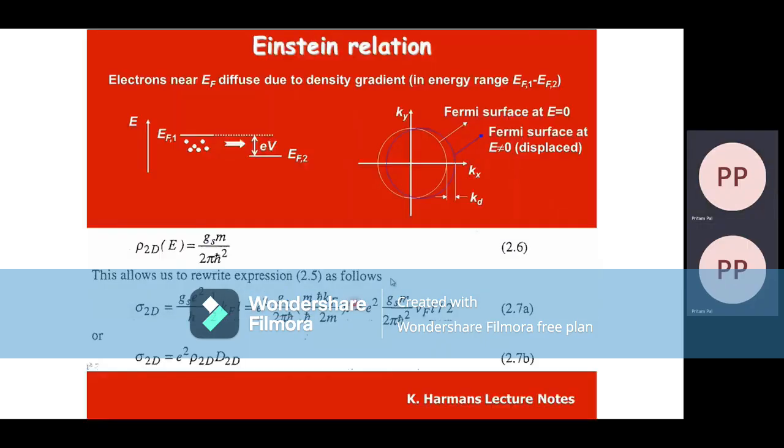So next is the Einstein relation. The same expression can be obtained from the diffusive point of view, and that I'll show here. That is described by the Einstein relation in this context. In this approach, we view the electron transport as a diffusion of the electrons from a region of higher density or higher chemical potential to the lower chemical potential region.